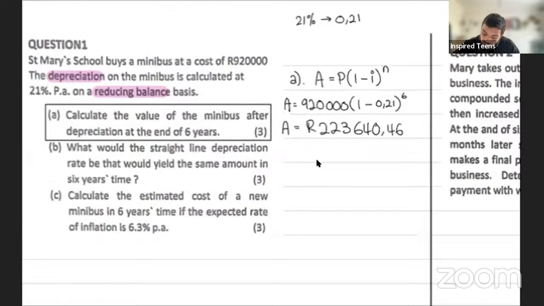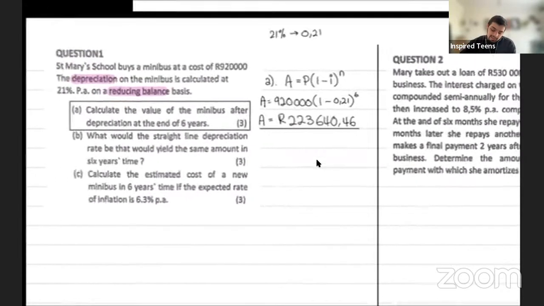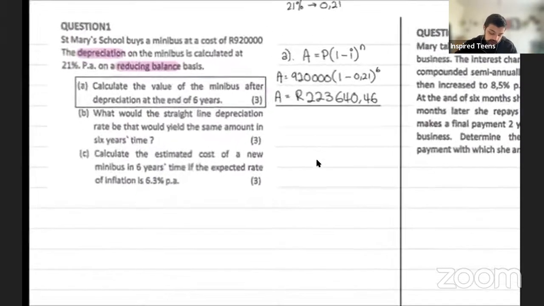If you're doing these calculations along with me, please let me know if I give you any incorrect values. So this minibus actually depreciates to that value after 6 years.